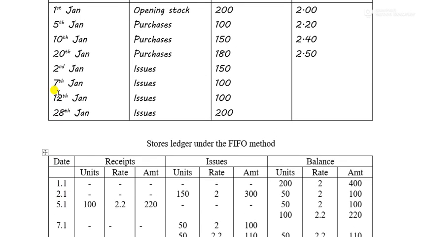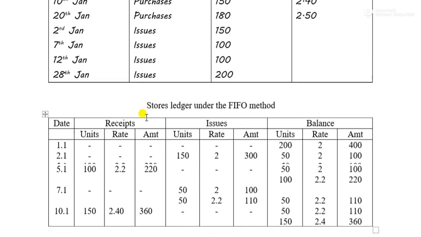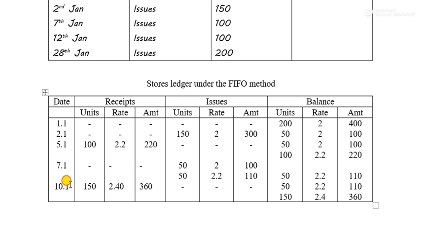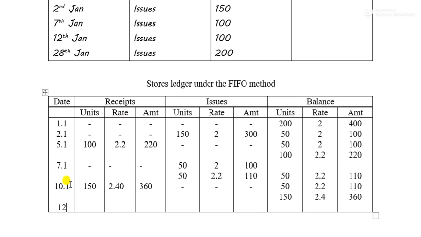The next date is after 10th, 12th. 12th Jan, issues were made for 100 units, right? So 12th Jan, no receipts. Issues were made.